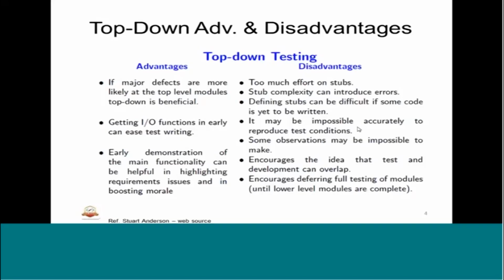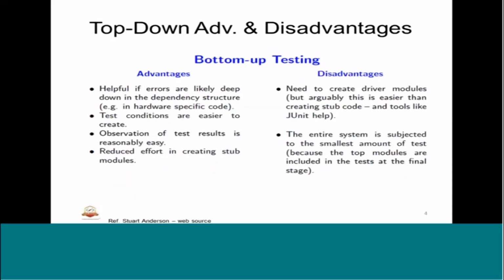So we are living only with the high-level modules, and basically we may not be completing the entire integration testing because it is partially done or partially passing. Some of the low-level modules are yet to be explored. Such things are difficult with the top-down integration testing.